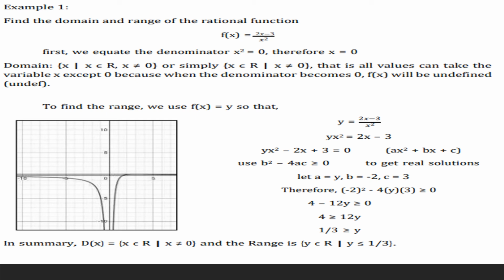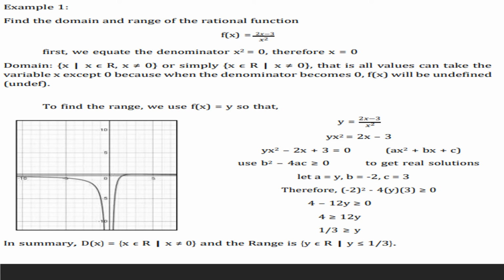So ang inyong a here is the y, the b is equal to negative 2, and the c equals 3. Therefore, negative 2 squared minus 4 times y times 3 is greater than or equal to 0. Okay? 4 minus 12y is greater than or equal to 0. 4 is greater than or equal to 12y, therefore, 1/3 is greater than or equal to y.